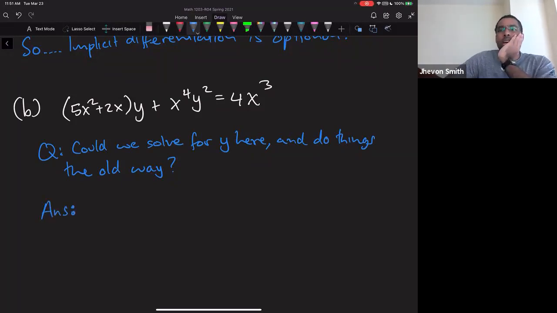Can you guys solve that for y? It's kind of an algebra question, actually. Could you solve that expression for y? I would say yeah. Yeah? How would you do that?